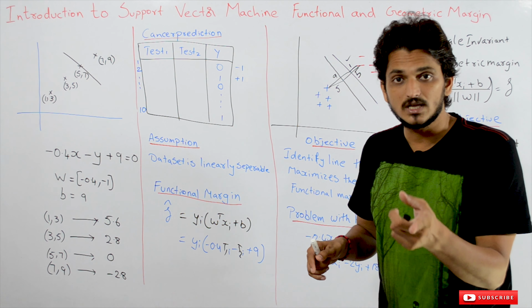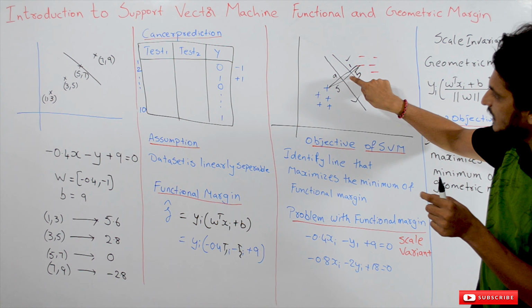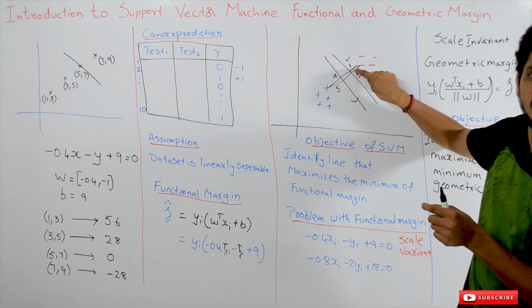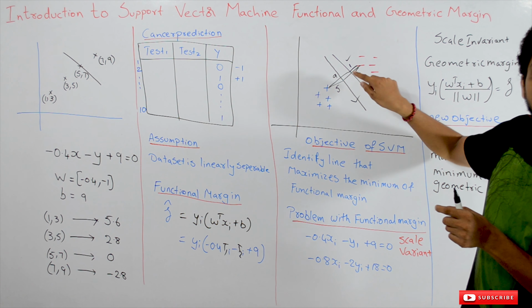Our objective of support vector machine is to identify a line that maximizes the minimum functional margin. This is the minimum functional margin, 5. For the other line, what's the minimum functional margin? 1. Which line has the maximum minimum functional margin? The second line. That line will be identified. That's the objective of support vector machine.